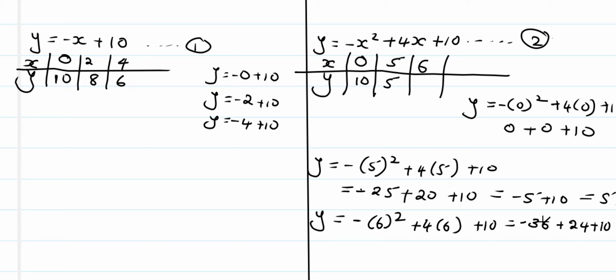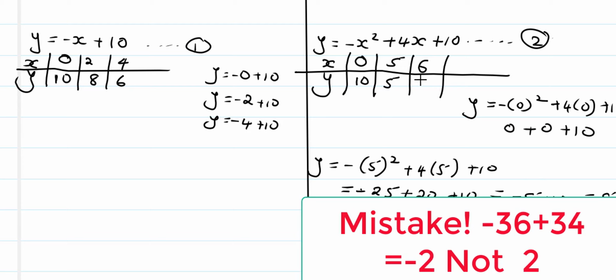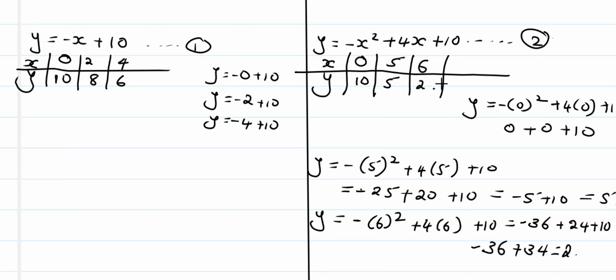So 24 plus 10 is 34, then 34 minus 36 becomes 2. Then I have 3 pairs of coordinates which I can use to plot this quadratic equation in the graph too. We made a small mistake here. Negative 36 plus 34 is negative 2 and not 2. So now we have everything corrected.